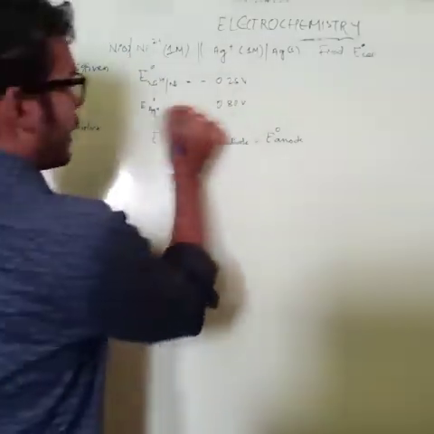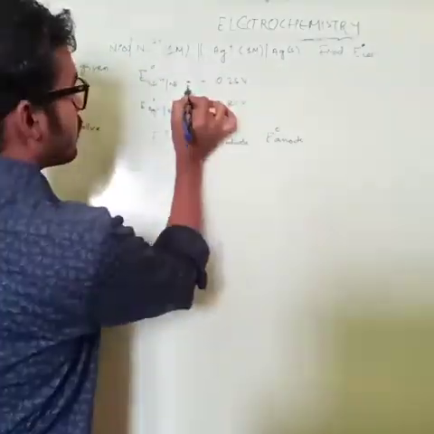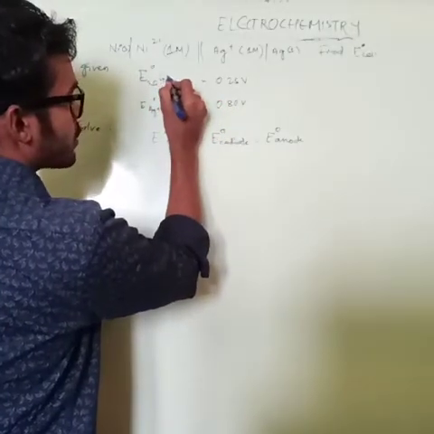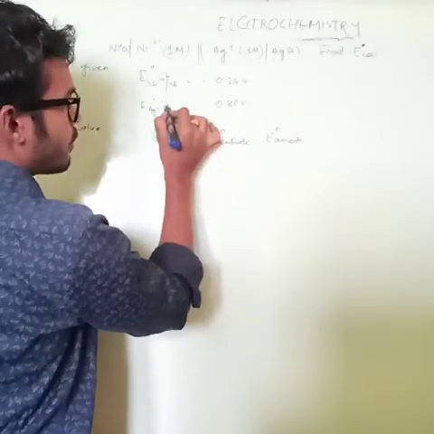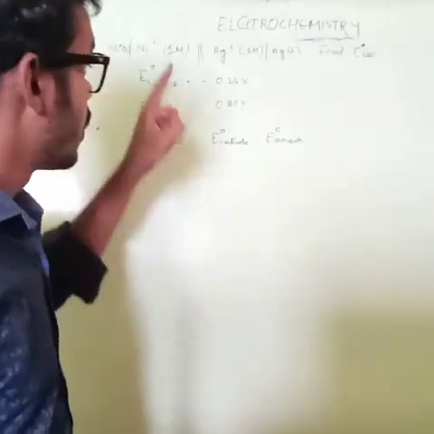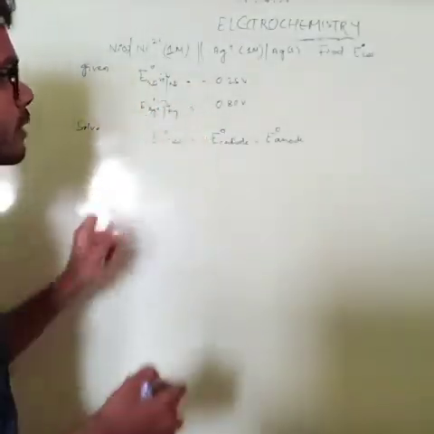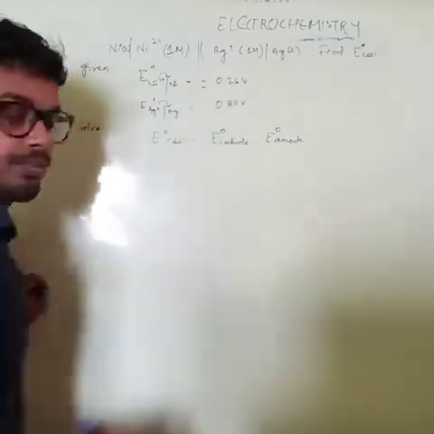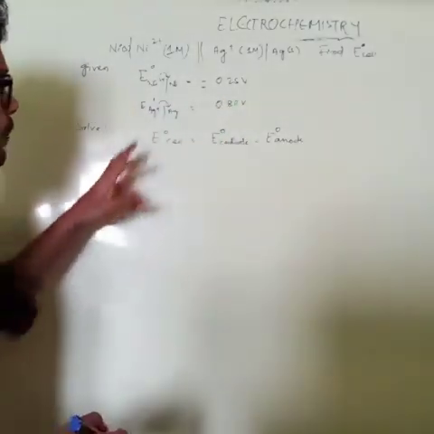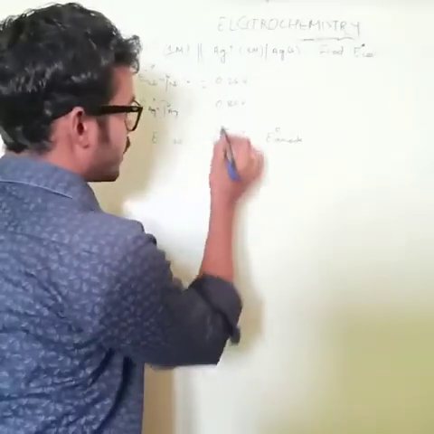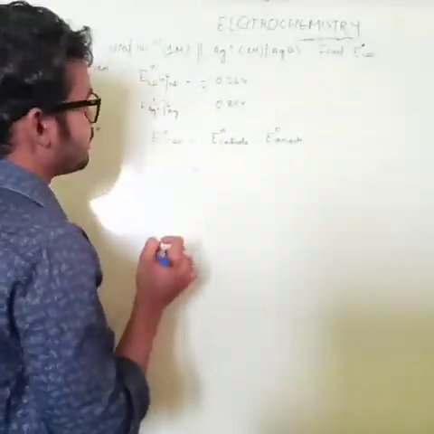Okay, and this is what? Reduction potential. This is again reduction potential. And which one is oxidation potential? This one, because of this negative sign. So this is the oxidation potential that we usually write here.